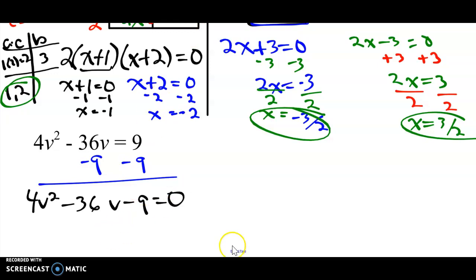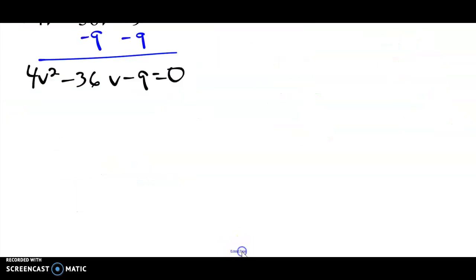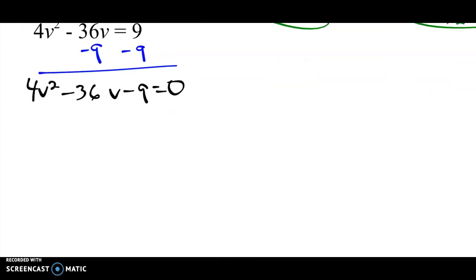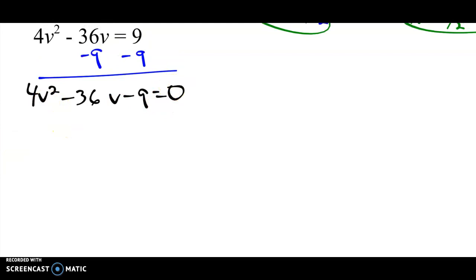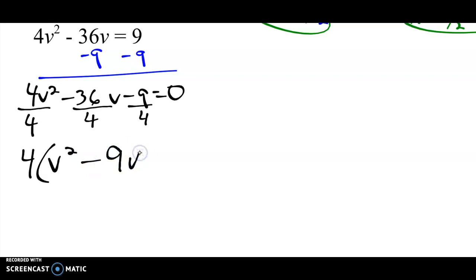So now, first thing, is there a GCF between all these three terms? There is. The GCF we have is 4. They're all divisible by 4. So now we're going to write 4v squared, minus 36v divided by 4 is 9v.